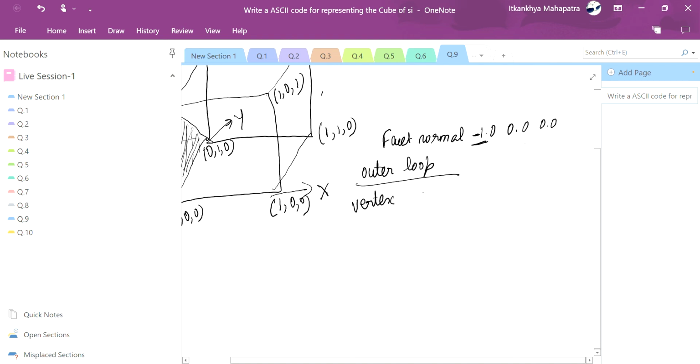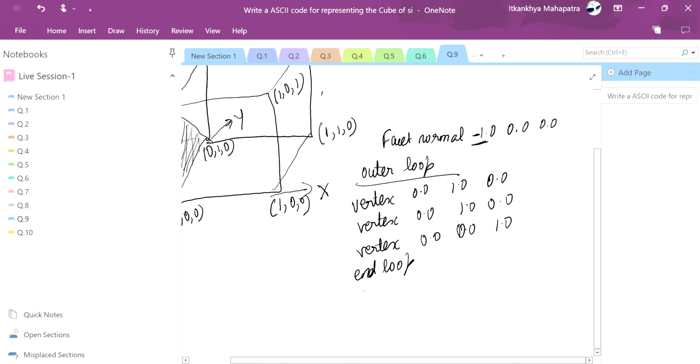And the rest is, you just need to write down the vertices of the triangle, which is simple and straightforward. Vertex x1, y1, z1, x2, y2, z2, x3, y3, z3. And this is the end loop.